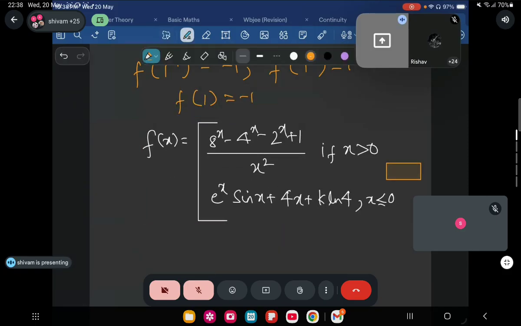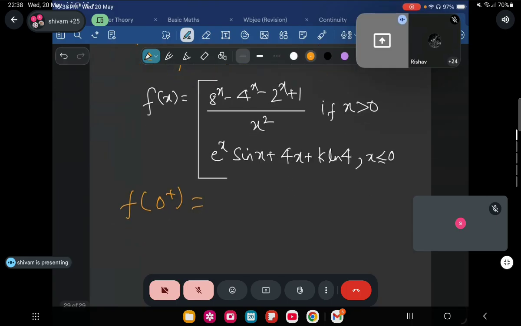So over here, what do we need to find out? Whether it's continuous at x equal to 0. So f of 0 plus will be equal to limit x tends to 0 of 8 to the power x minus 4 to the power x minus 2 to the power x plus 1 divided by x square.